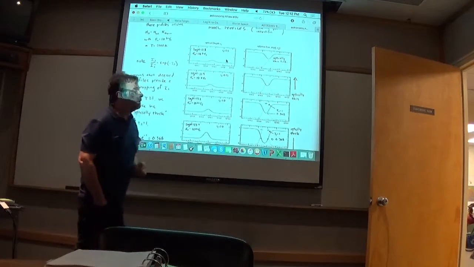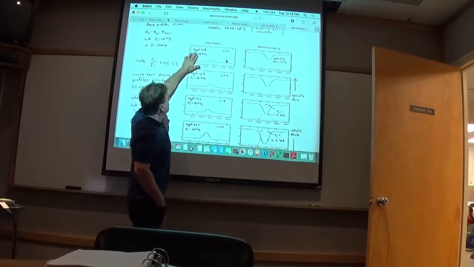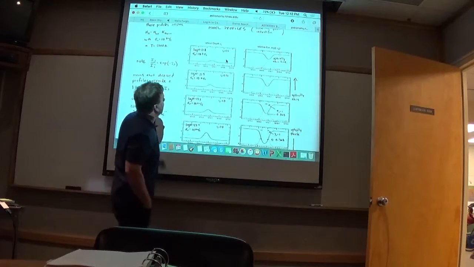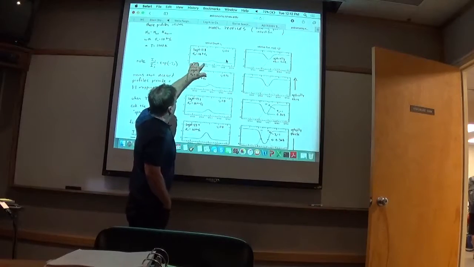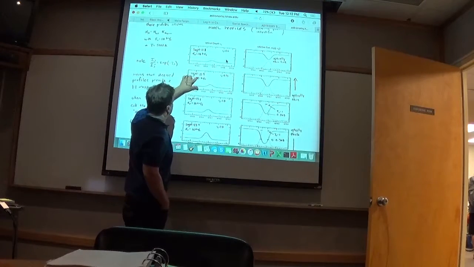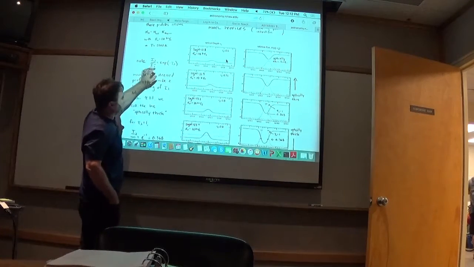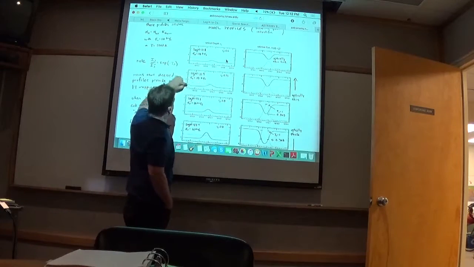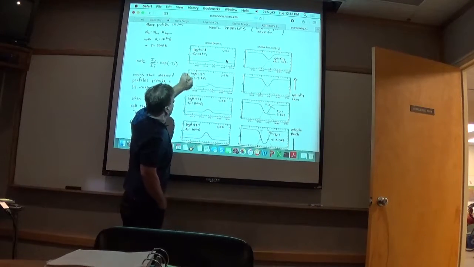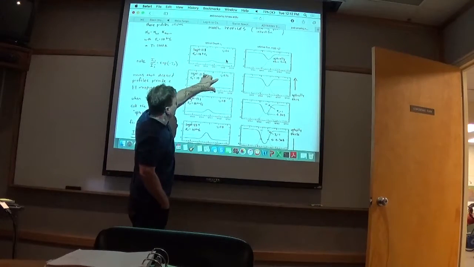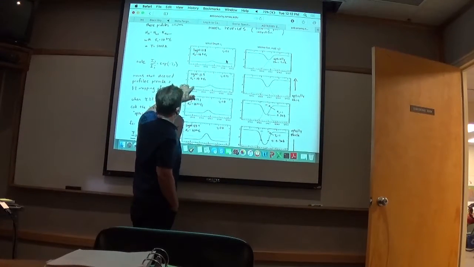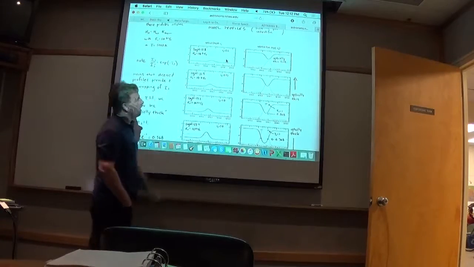Okay. Let's consider a higher column density. Let's go up to 10 to the 12.9 atoms per square centimeter. Same width, because that depends upon the dispersion of the gas, which depends upon the temperature of the gas. Now, going up 0.1 in the log of column density, we end up with a central optical depth of about 0.75.